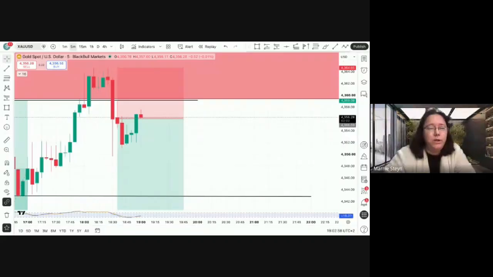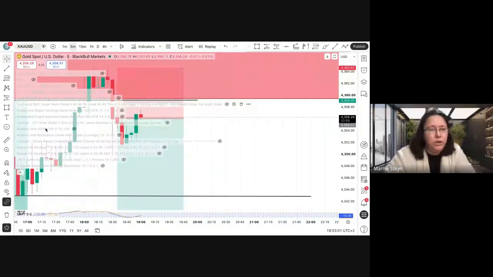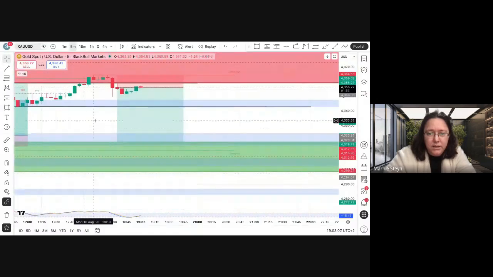So if you go to this trade that we've just taken, this one. Okay, so you can use the same silver bullet theory that we used. You can bring up your smart money concepts here.